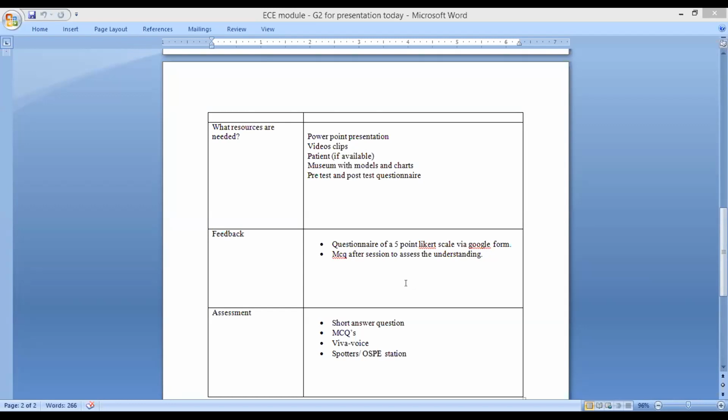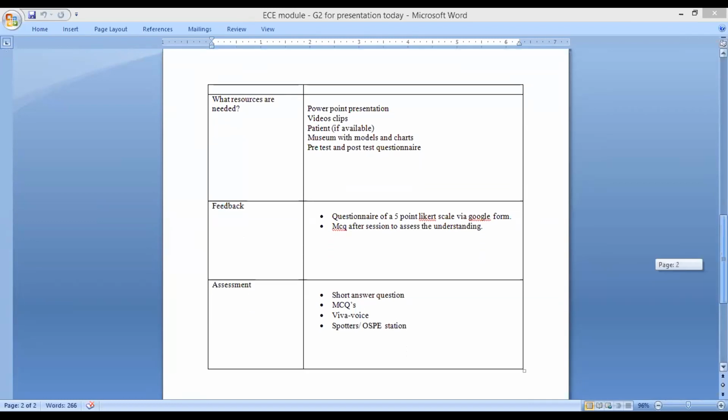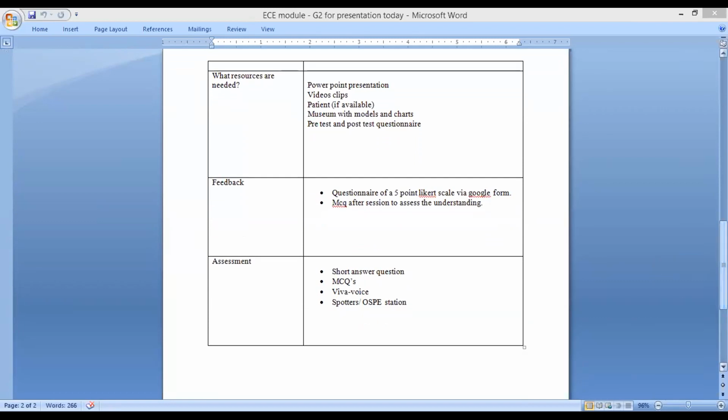MCQ is also one of the ways to assess the understanding of the session. And lastly, the assessment of the students can be done via short answer questions, MCQs, viva voce, spotters, and OSPE stations. So this is all from my side.